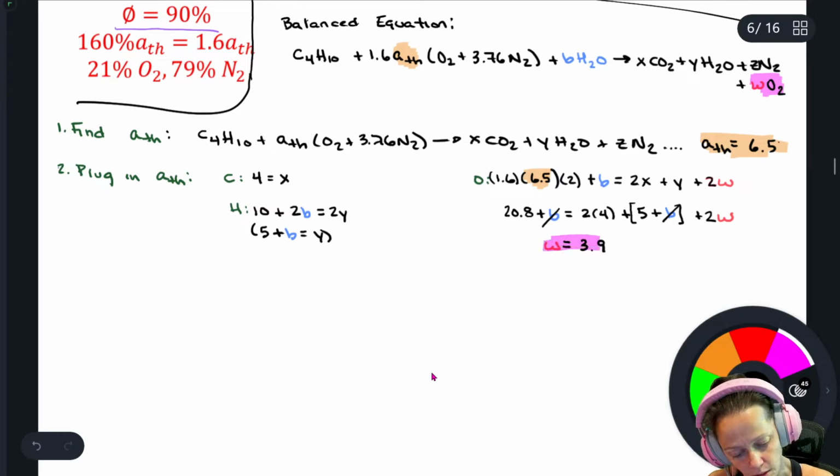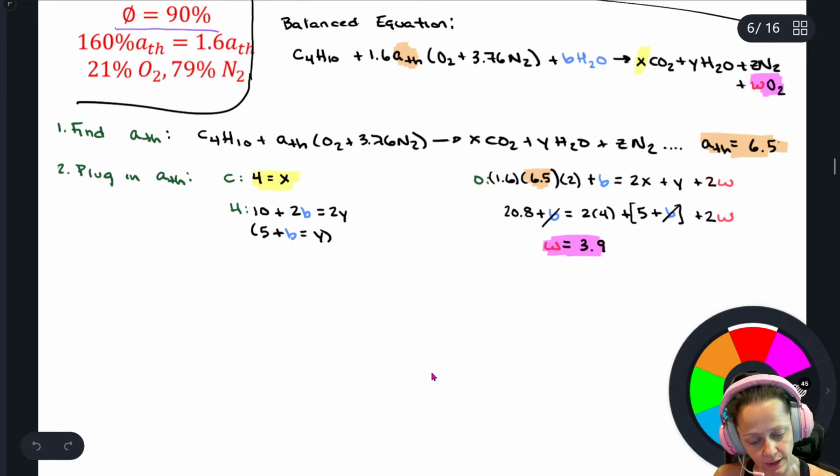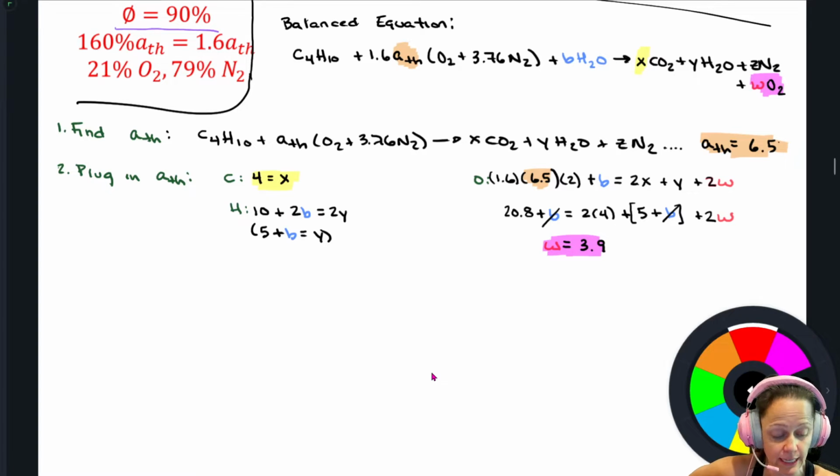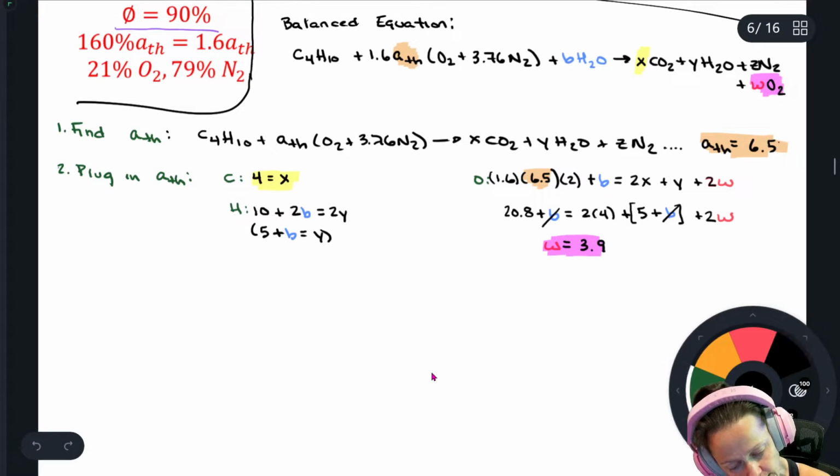That one got him. X got him. Y. Oh, now I need a Y. I haven't gotten Y, have I? And Z. I guess I can get Z. That's not too bad. So let's do our mole balance on our nitrogen.